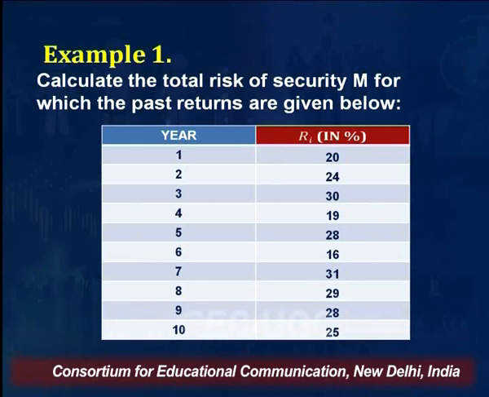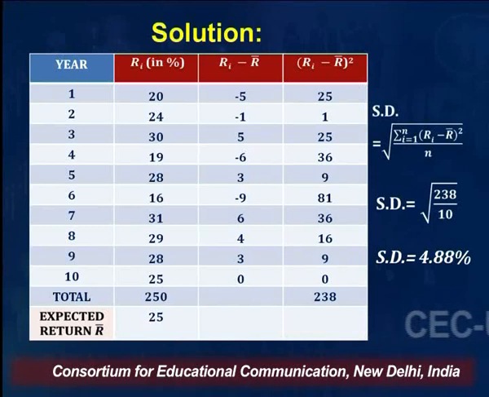The 10 years are given, and the expected return of this investment in different years, which we call Ri, is in percentage terms. In the first year 20%, second year 24%, third year 30%, fourth year 19%, and so on up to the 10th year, 25%. On the basis of this, you are asked to calculate the risk of the investment.